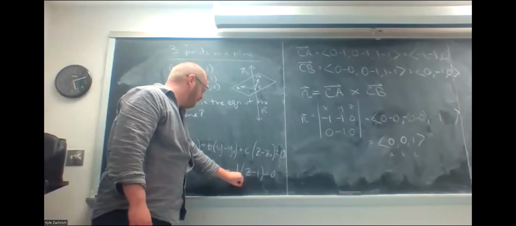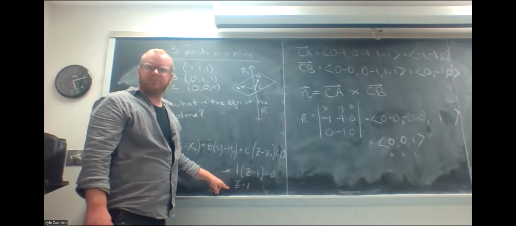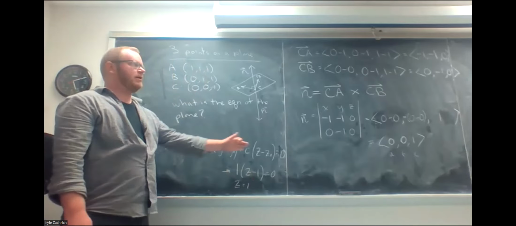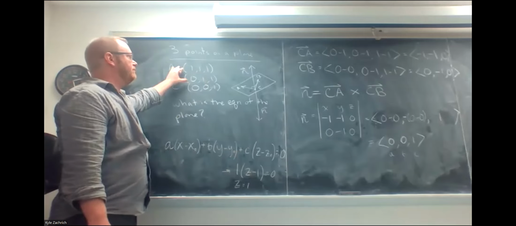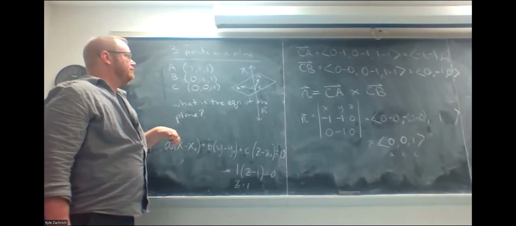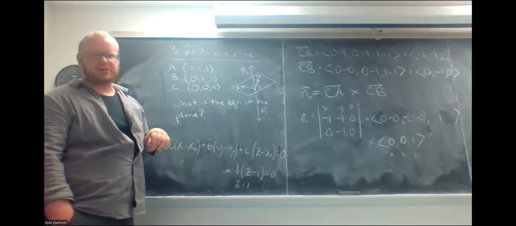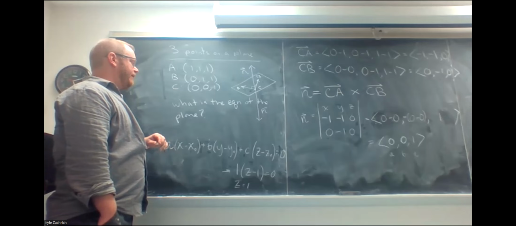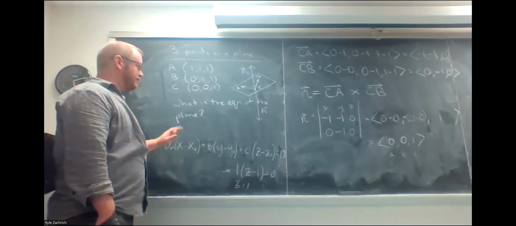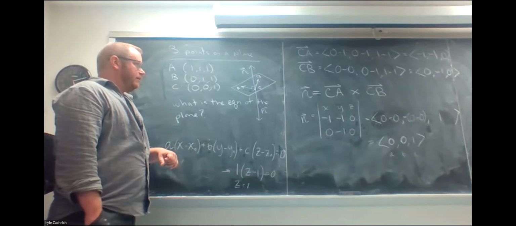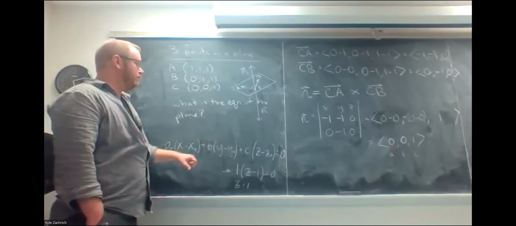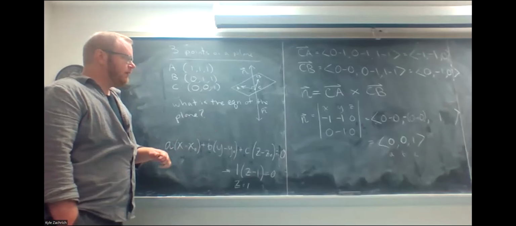So Z equals 1 is your plane there. You may have a more complicated answer if these points are given more interesting values, but that's how you take 3 points and turn them into the equation of the plane.